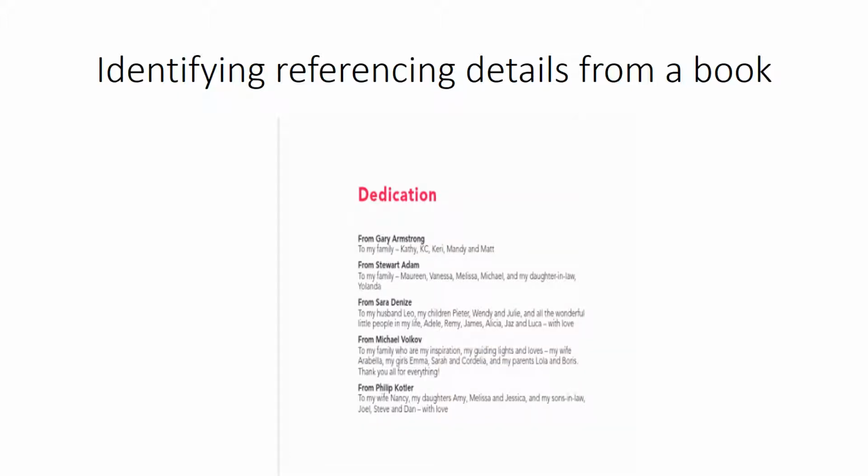I need the initials of each of those authors, and I couldn't find that in the library catalogue, and I couldn't find it on the front of the book. But when I looked inside the book, there was a dedication that each author has written, and as they've written it, they've indicated their first names. So this was where I found the initials for the reference list entry.